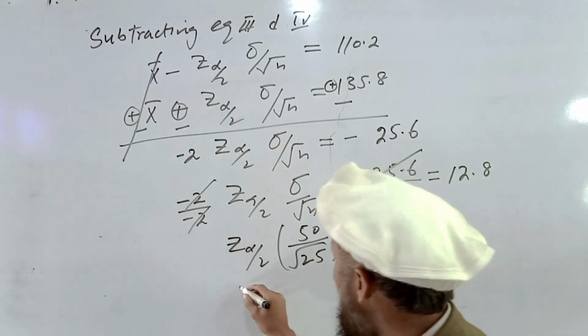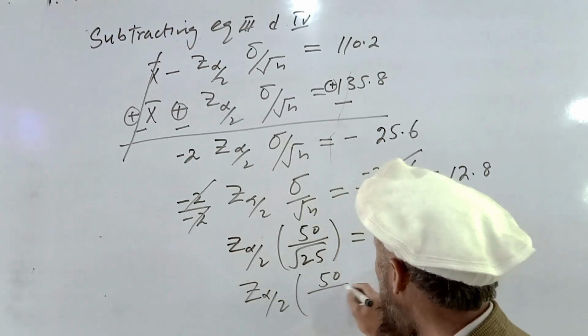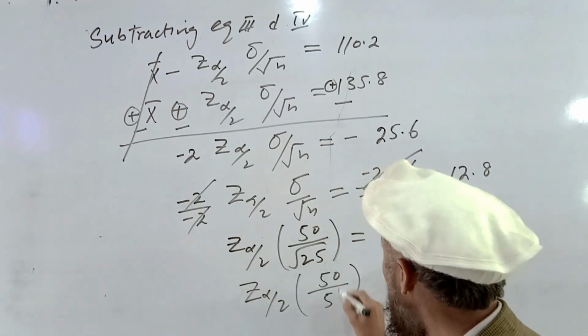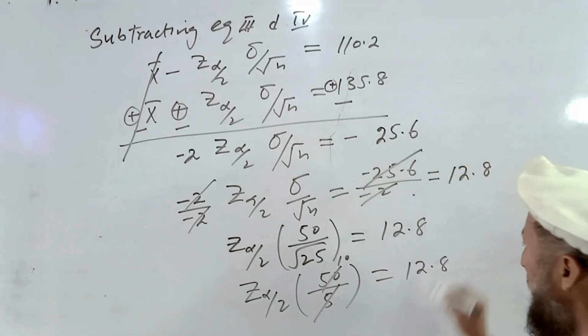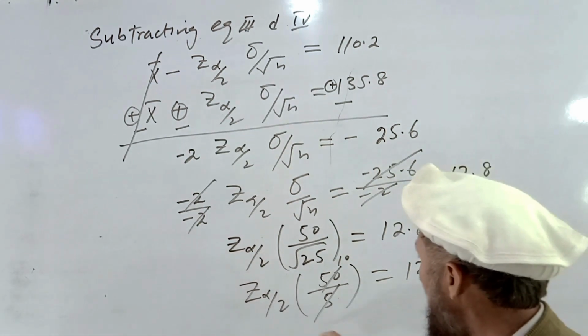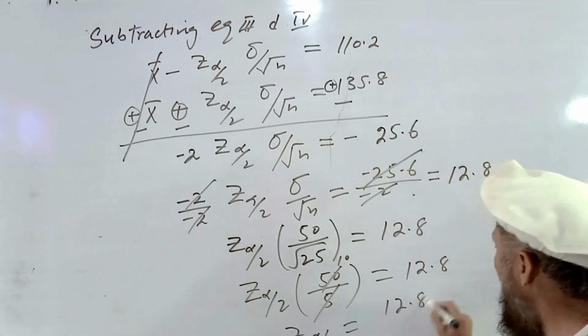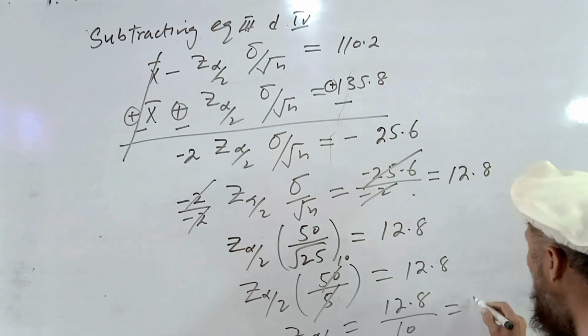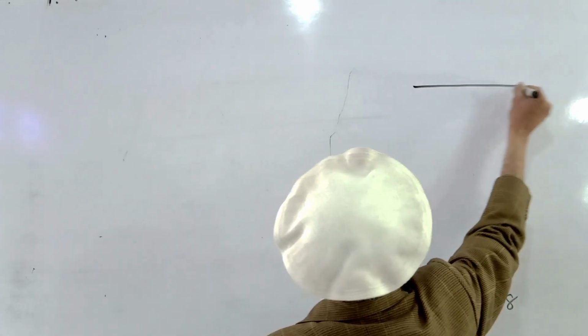So we calculate: 50 divided by root 25, which is 5, so 50 by 5 gives 10. So 10 z alpha by 2 equals 12.8. Again dividing both sides by 10, z alpha by 2 is equal to 12.8 divided by 10, which is 1.28.